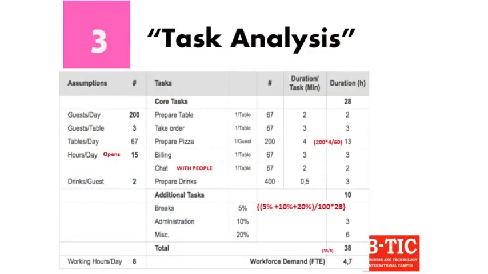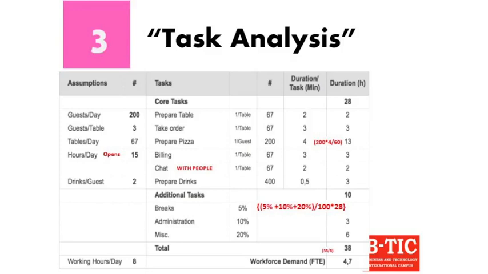So 3-people sets walk inside your restaurant. Based on these 200 customers walking in as groups of 3, you need to make the table ready 67 times, and your restaurant is open for about 15 hours daily, and each guest drinks 2 glasses of drink, and they eat 1 pizza per head. So you have to make 400 glasses of drink and 200 pizzas.